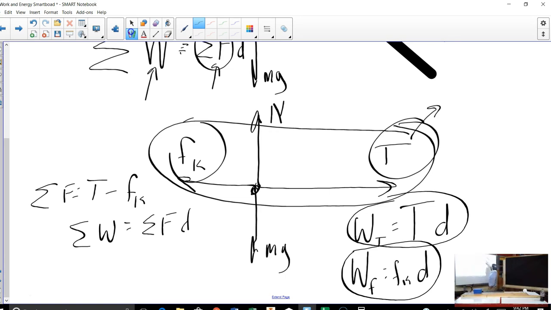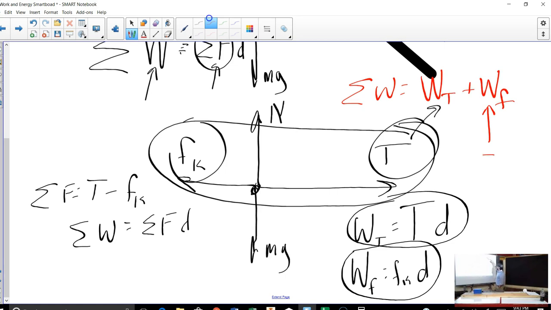So another way to look at the net work might be to just simply say the net work would be the combination of the work done by tension combined with the work done by friction. But of course, this will be negative, this will be positive, and this is the larger of them. So when you're done adding them, you will have an amount of work left over. Guess what? That's another way to find the net work.